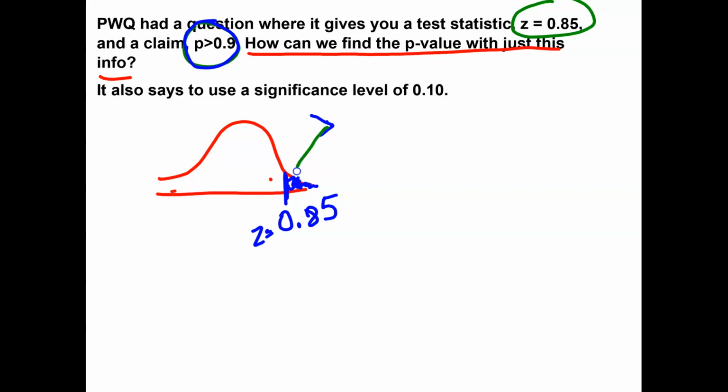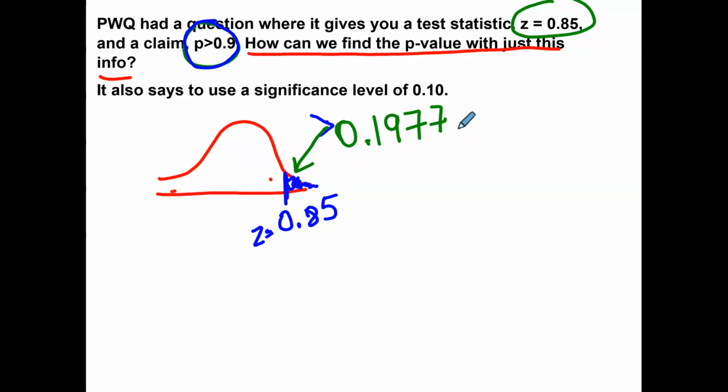Our p-value, the probability to the right of our z-statistic of 0.85, is 0.1977, 19.77%.